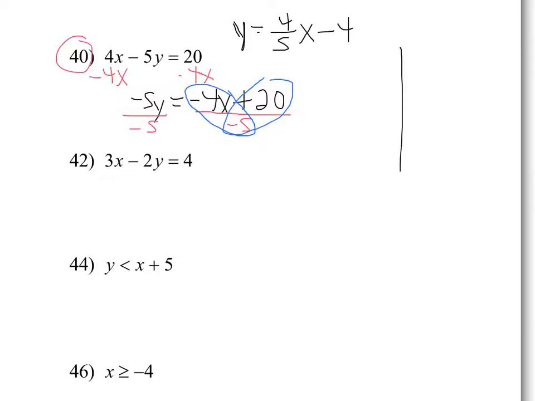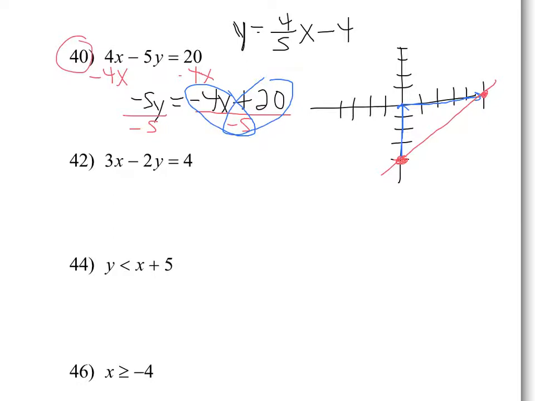So our graph has a y-intercept at negative 4, has a slope of 4/5, so the rise is up 4, and a run of 5. That's where 5 would be. And that's our second coordinate, and we connect the dots. And that's the graph of that equation using slope-intercept form.